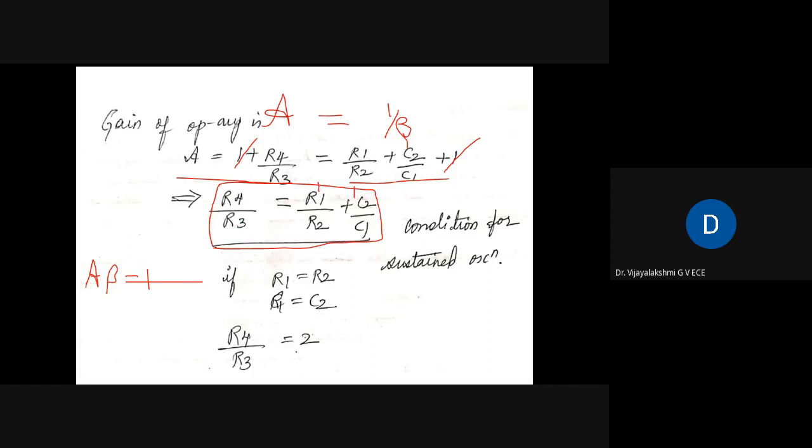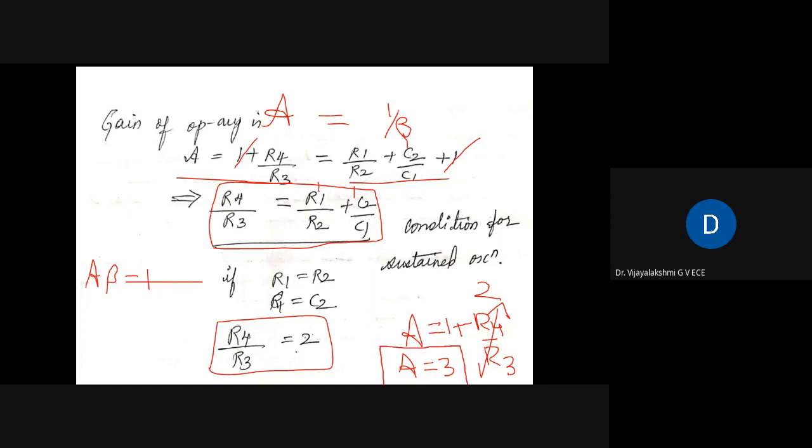If R4 by R3 is equal to 2, what is A? I have A is equal to 1 plus R4 by R3. If this is 2, then A is 3. Yes, this is the required condition.